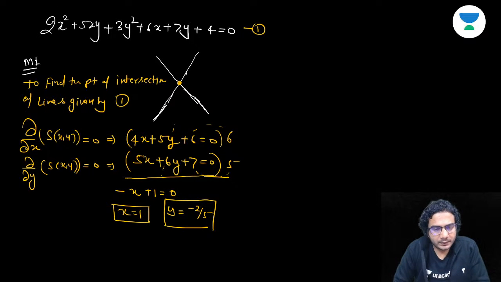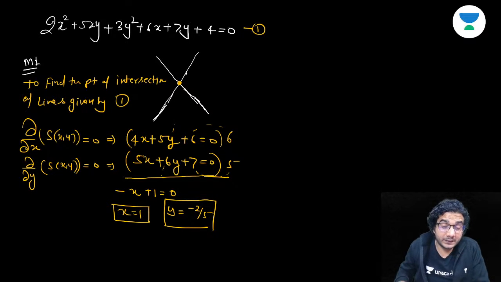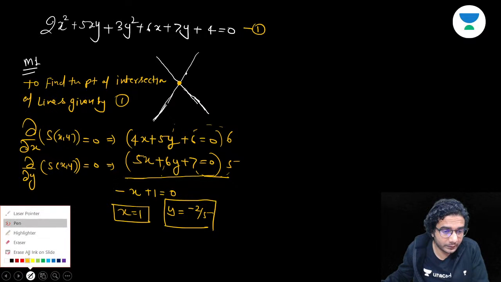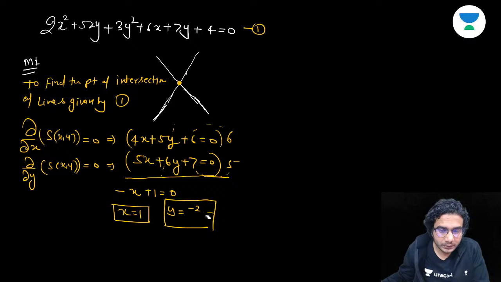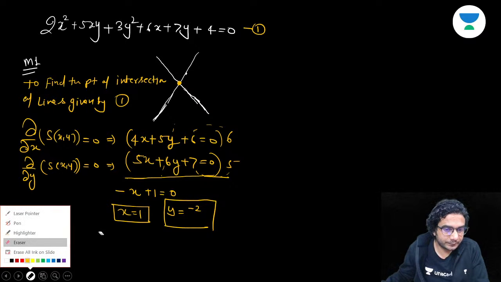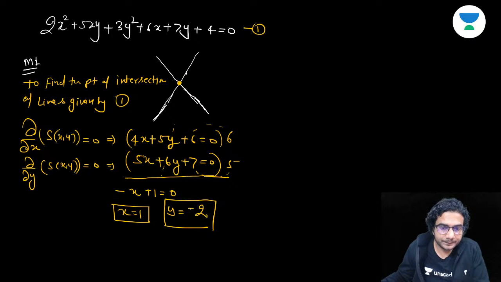Let me put it. No, it doesn't seem good. Oh, sorry, this is minus 2, not minus 2 by 5. What am I doing? It is minus 2, okay? So 1 comma minus 2. We have got the point of intersection, okay?